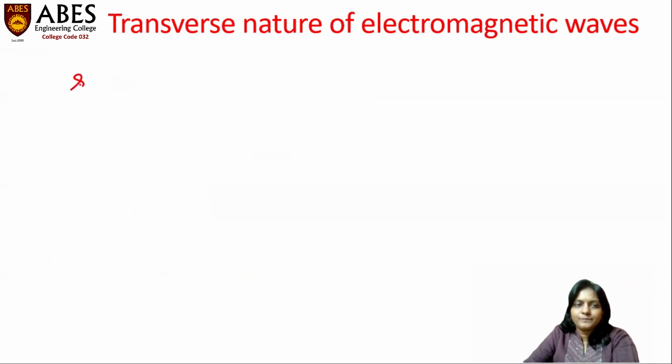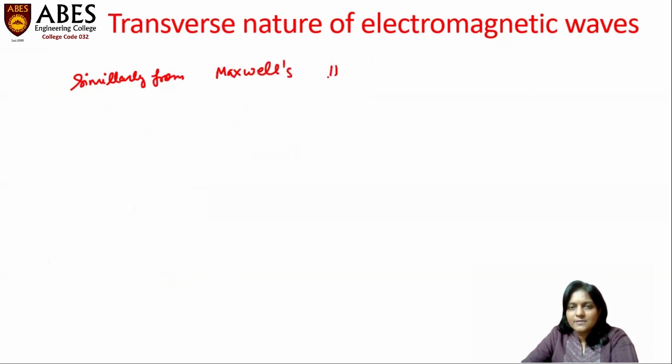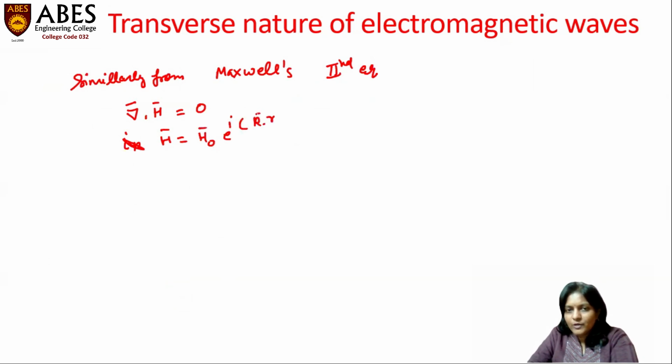Similarly, from Maxwell's second equation, del dot H is equal to 0, and H is H0 e raised to the power i(k dot r minus omega t).